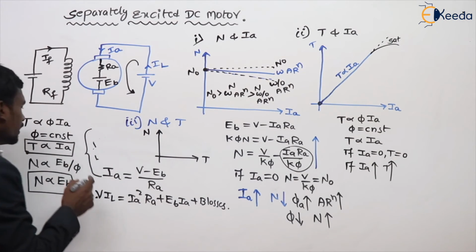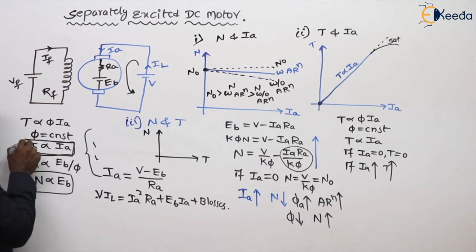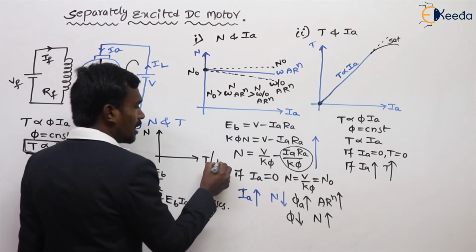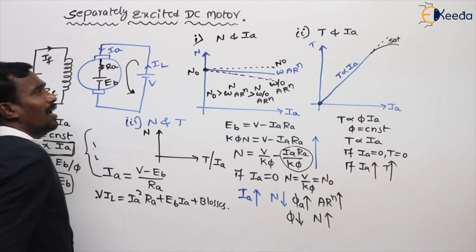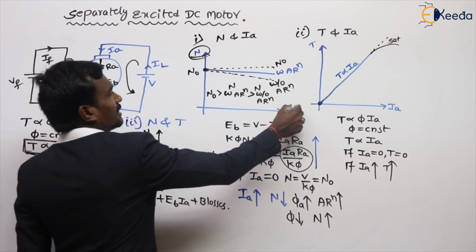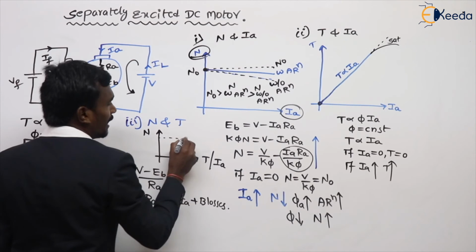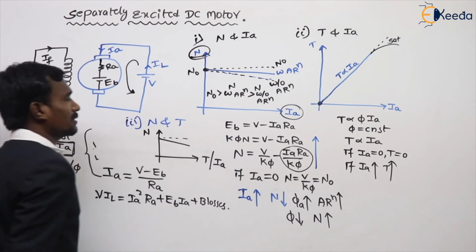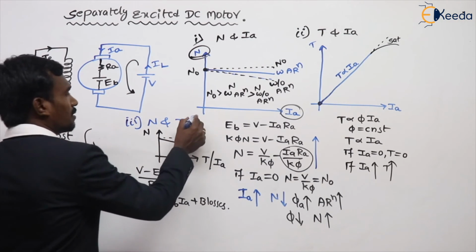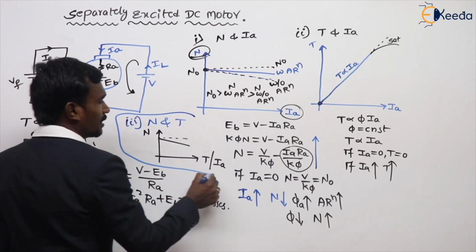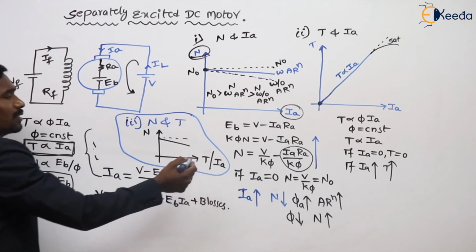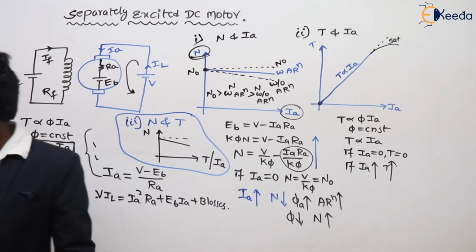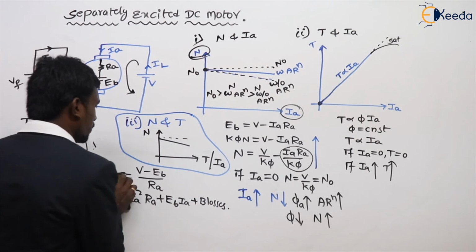Of course, I told you torque is directly proportional to IA, so this is also taken as IA. Nothing but speed versus IA. So how are the characteristics? The speed versus IA and the speed versus torque characteristics are similar, because torque is directly proportional to IA. That's why these two are similar.